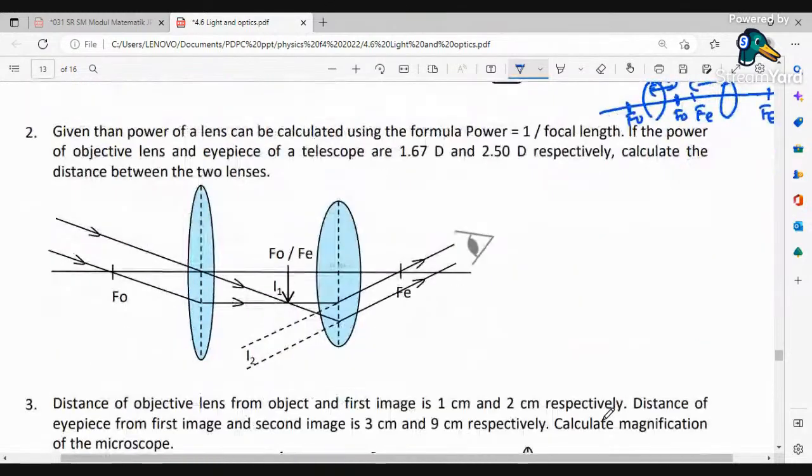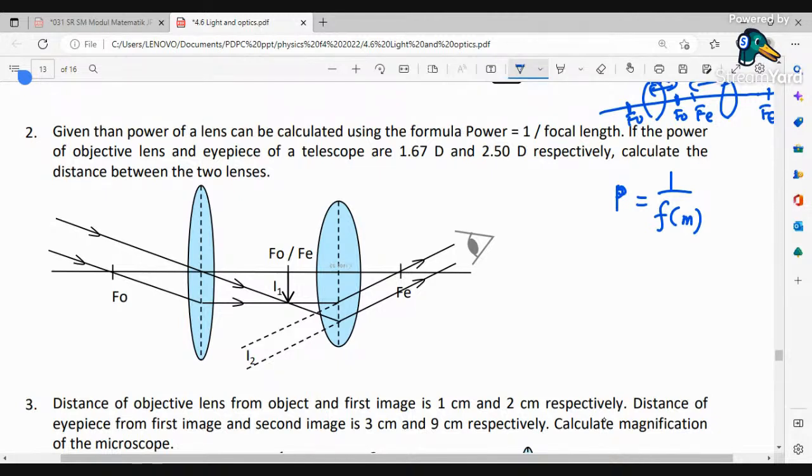Okay, number 2. Given the power of a lens can be calculated using power P equals 1 over F, if the power of objective lens and eyepiece given 1.67 diopter and 2.50 diopter, calculate distance between two lens.